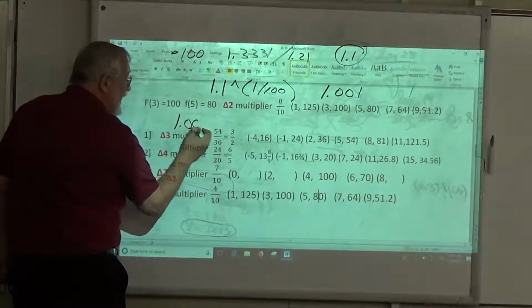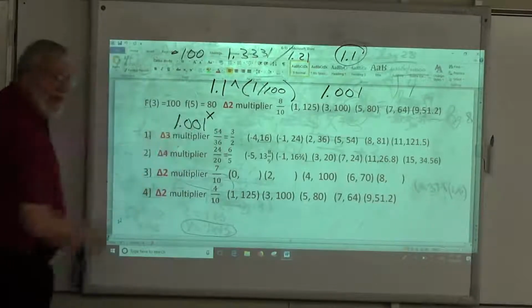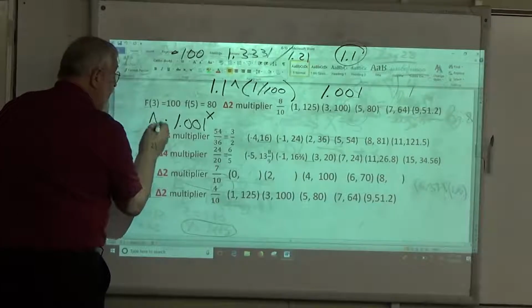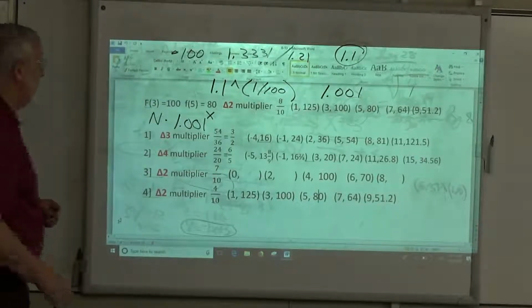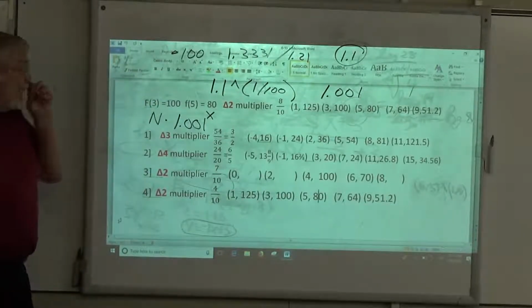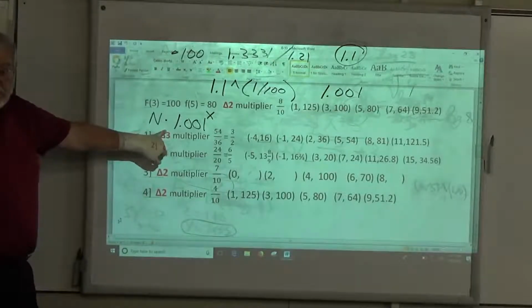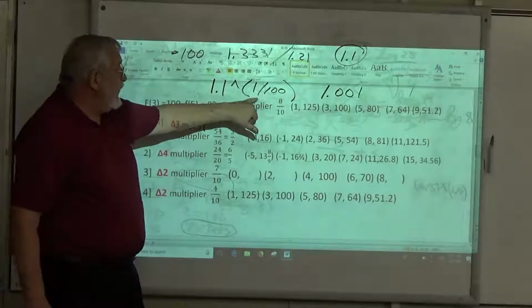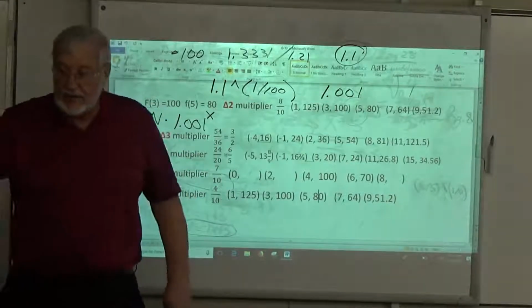So I know that I have this raised to the x power. That's the base. Now, there's some number here that I also have to find. This actually works out pretty good. What happens if I go down by 100?